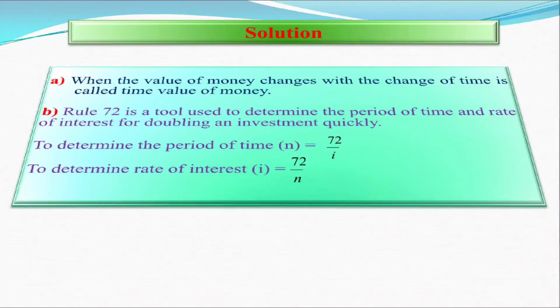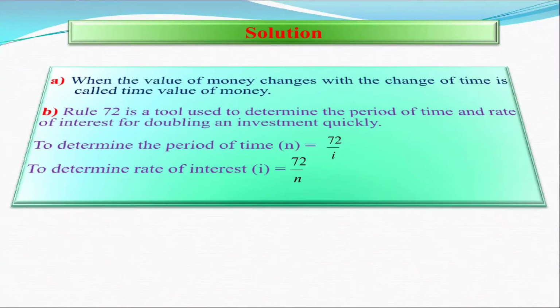My dear students, look on your screen. You may have a question: sir, what is the formula to determine the period of time if we use Rule 72? Yes, the formula to determine the period of time is n equal to 72 by i.